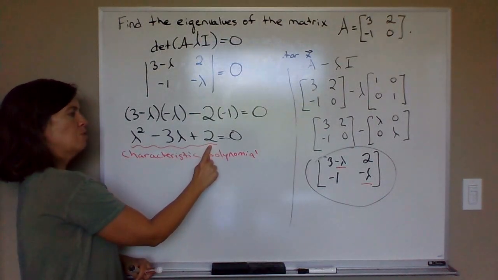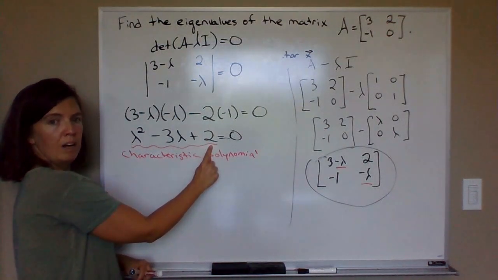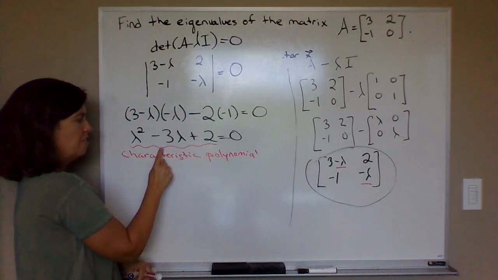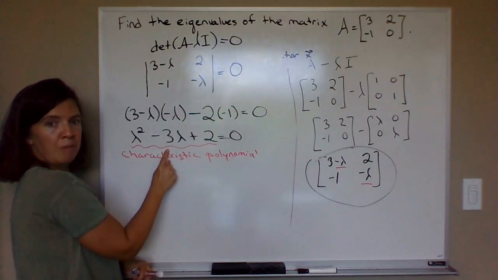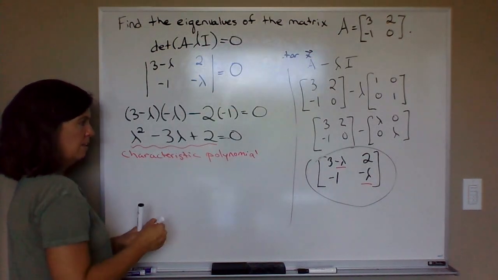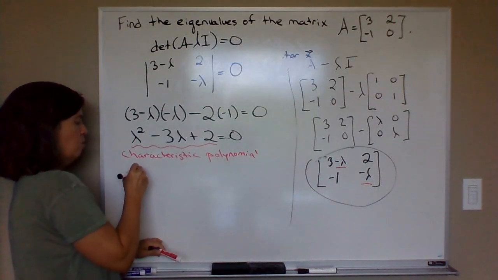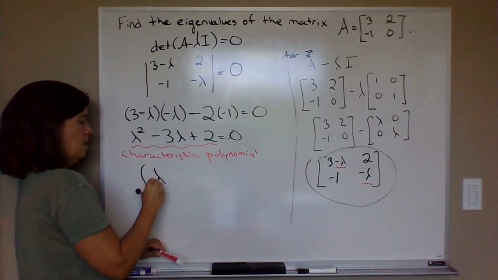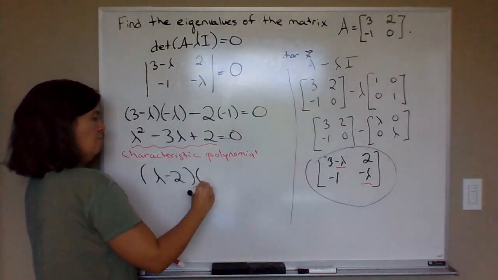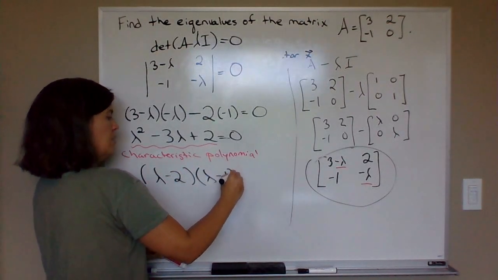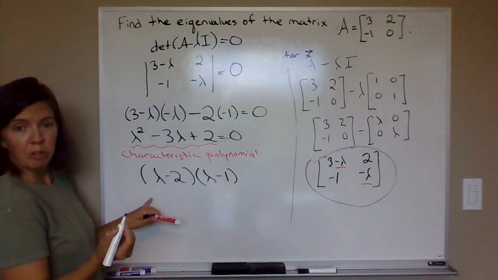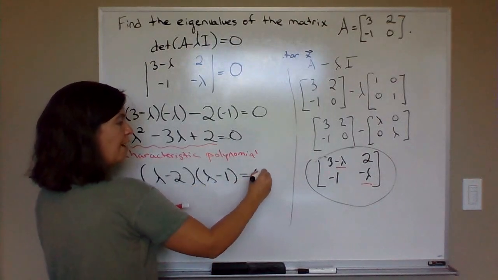But in this case, I want two numbers whose product is positive 2, so they multiply to give us positive 2, and the sum is negative 3, they add up to negative 3. So negative 2, negative 1 would work. And it doesn't hurt to double check, especially since it's probably been a while since you had to factor anything.